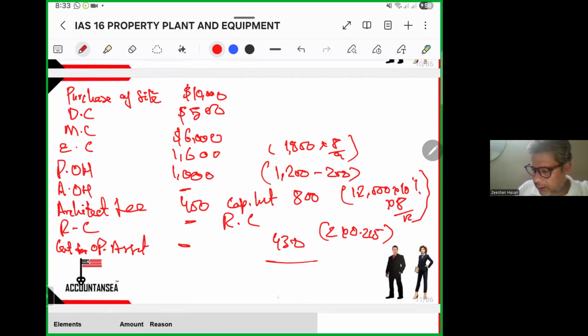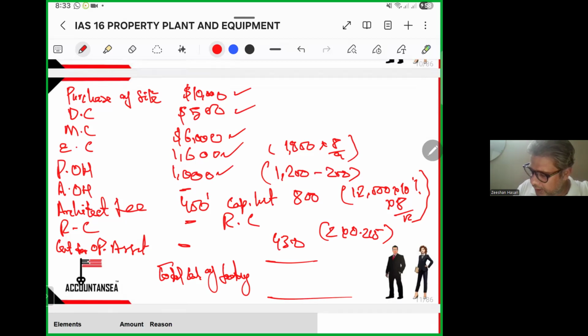So overall, the total cost of the factory is 10,000 plus 500 plus 6,000 plus 1,600 plus 1,000 plus 400, nil, nil, 800, 430. Overall, it is $20,730, which will be capitalized.